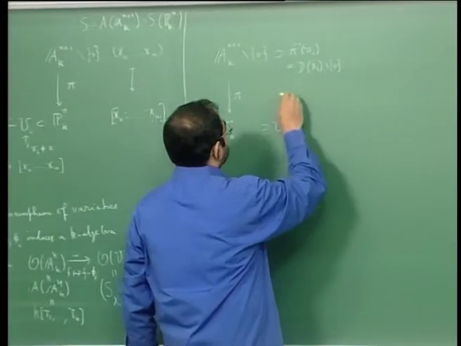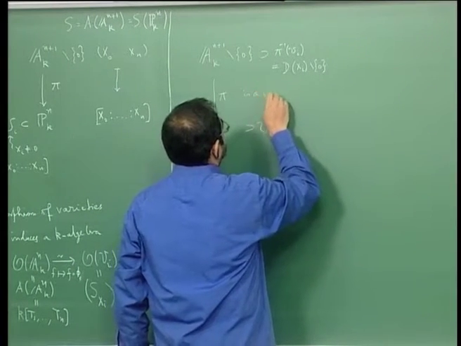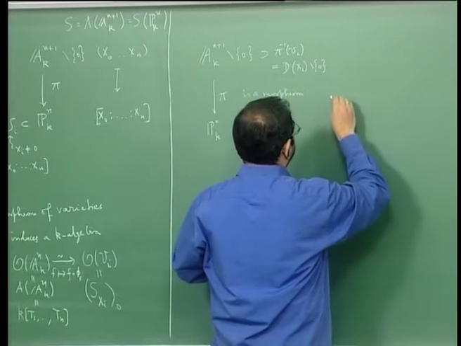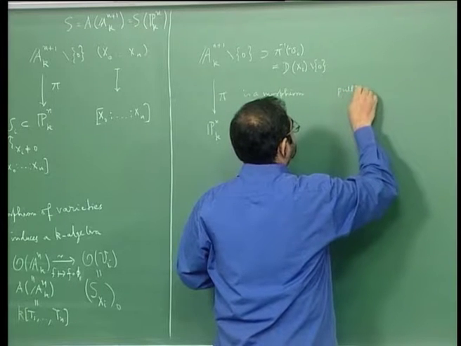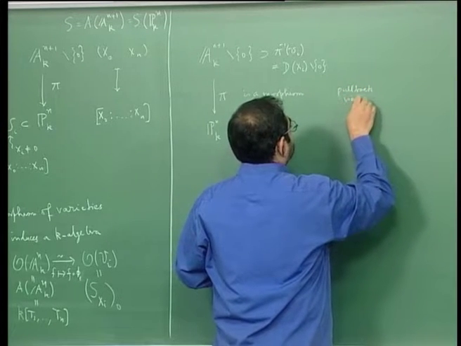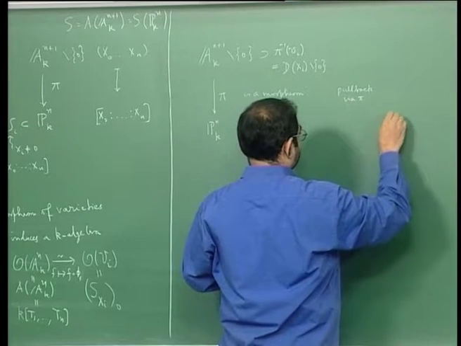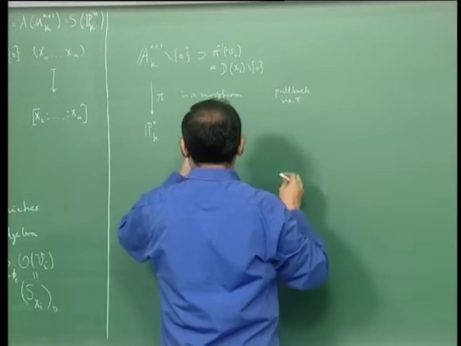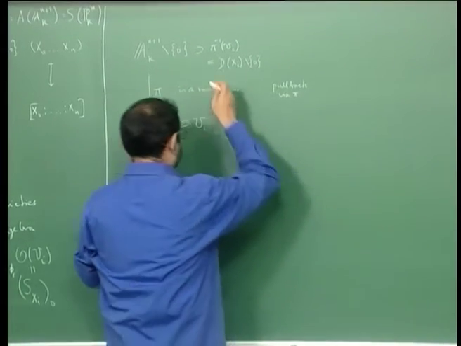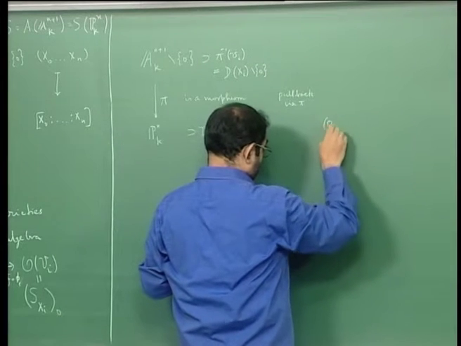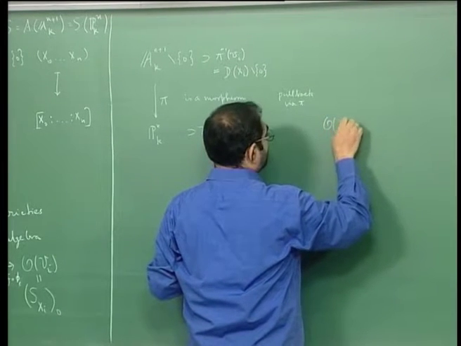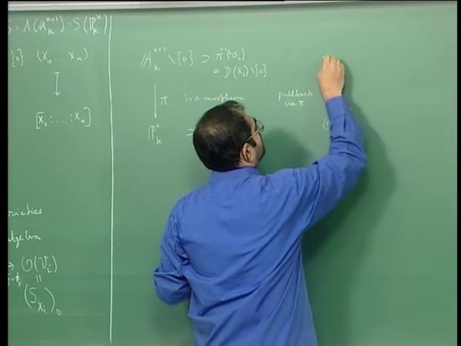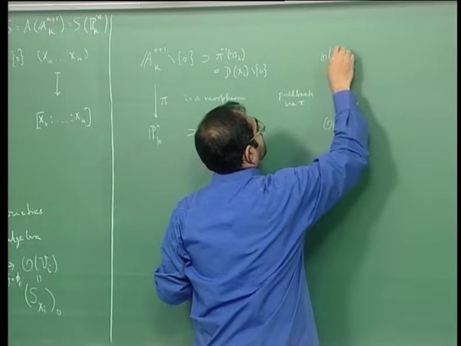So pi is a morphism of varieties, and therefore pullback via pi will give me a map from regular functions here to regular functions there. So I'm looking at pi restricted to this, so I'm going to get O of ui to O of pi inverse ui.